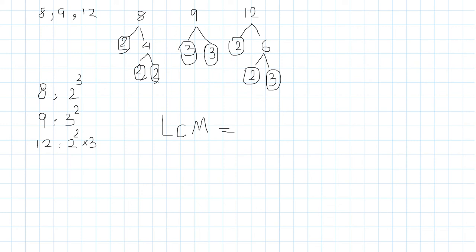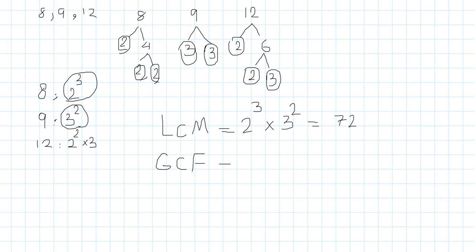So for 2 the biggest is 2 to the power of 3, and for 3 I have 3 to the power of 2. 2 to the power of 3 is 8, and 3 to the power of 2 is 9. 8 times 9 is 72. It is the LCM.